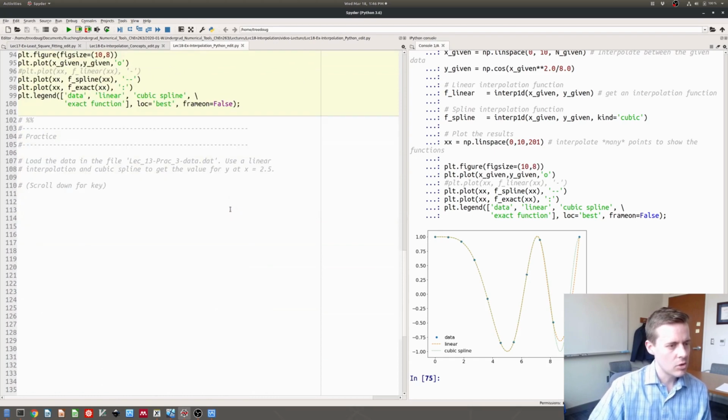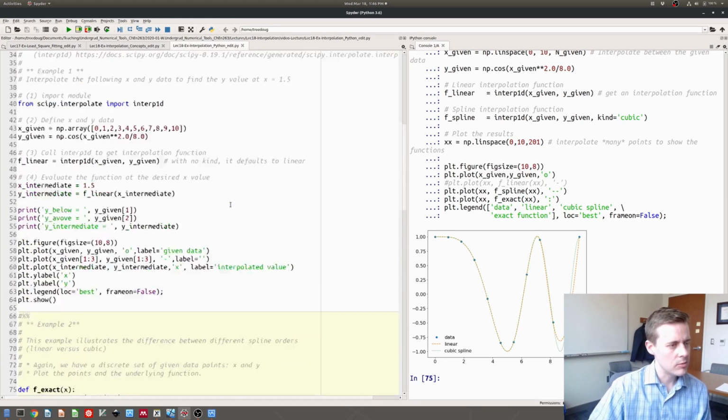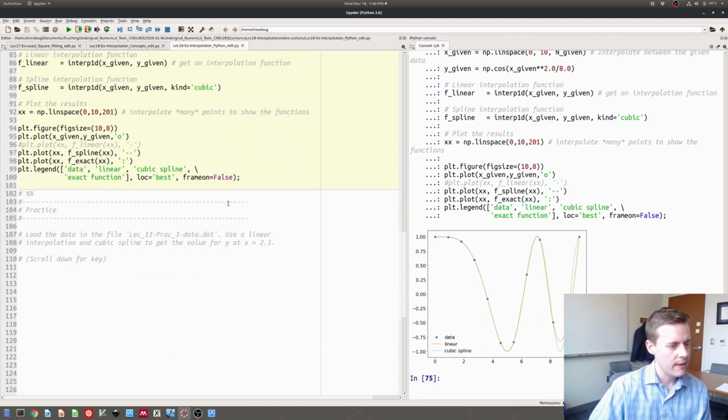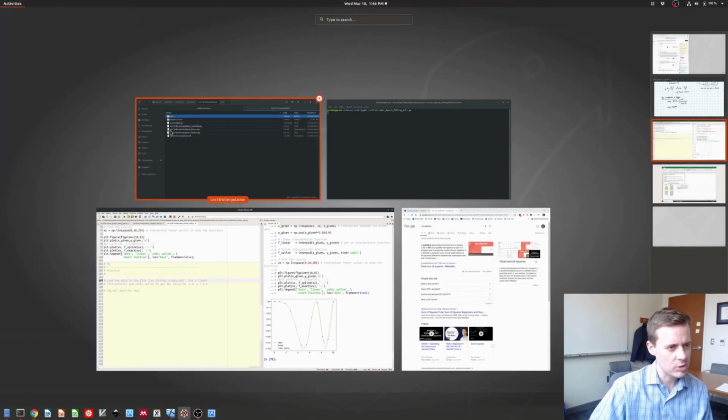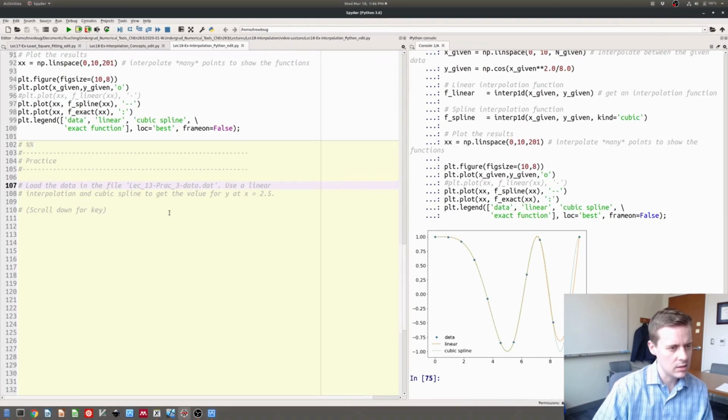So what I'd like you to do, for your last practice here, is to load the data file. And I think it's actually not called lecture 13. I'll fix that in the example I'll give you. It's called lecture 18 data, lecture 18 data.csv or something like this.